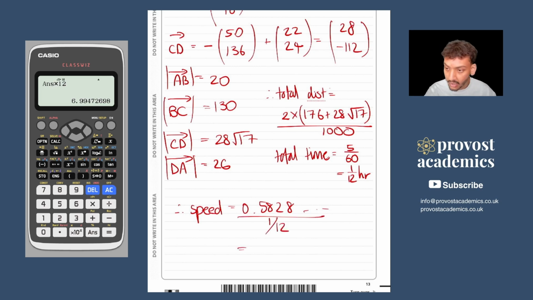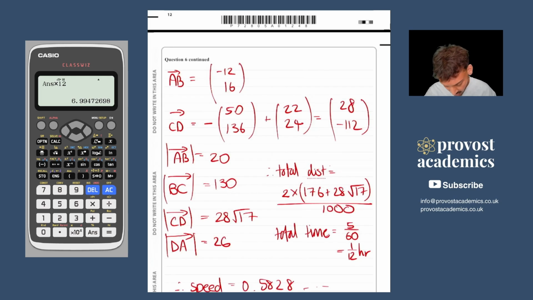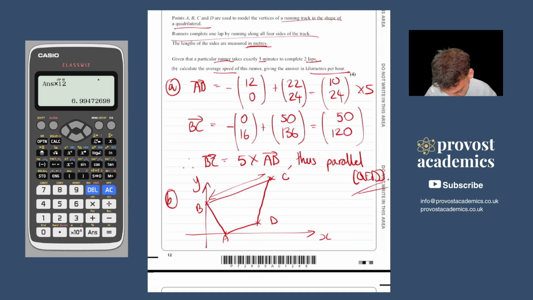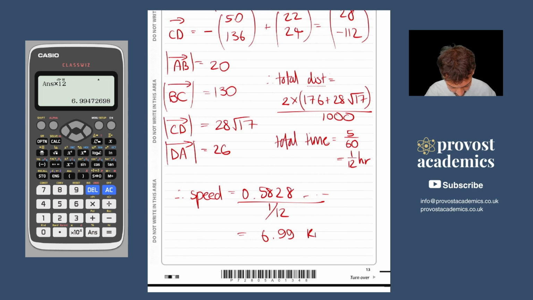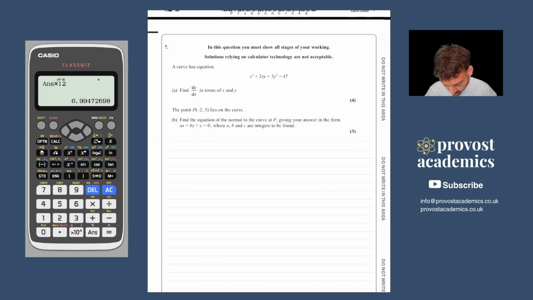That will be 6 point, how many decimal places? Haven't been told. So 3 significant figures, 6.99 kilometers per hour to 3SF. Right, let's keep going. Next question.